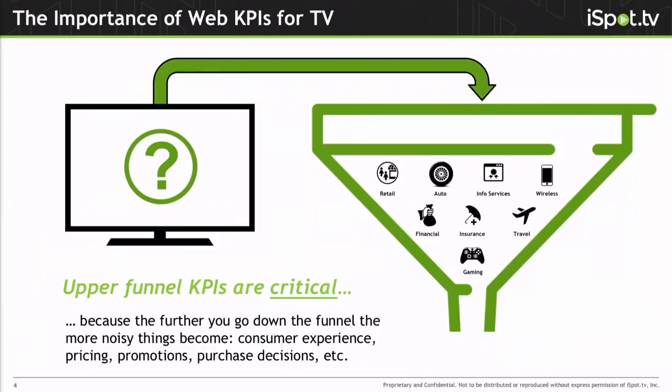And so even though we do go all the way down the funnel, we actually like to connect to the top of the funnel. And of course, most digital models utilize digital KPIs, as you would expect. And we see every imaginable category, from retail to auto, wireless, financial, insurance, travel, games. They all have very critical web KPIs. The only exception to that is CPG, but we're not.